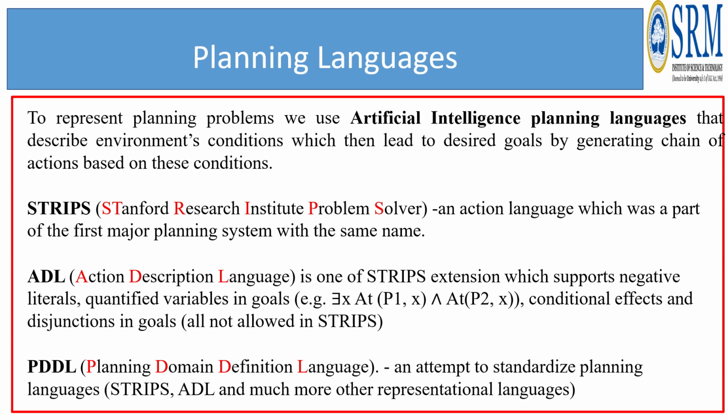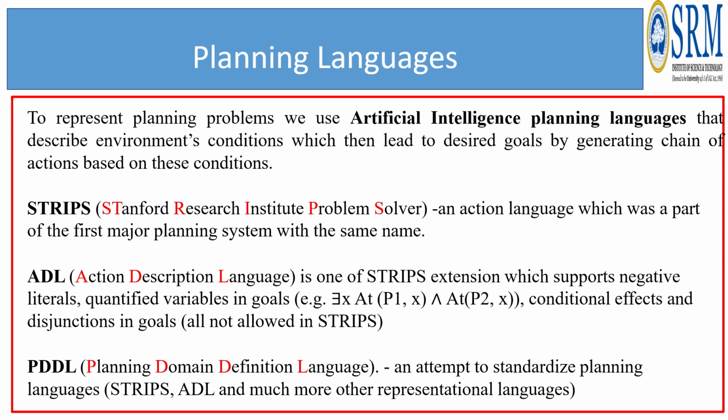ADL is also an Action Description Language. It is an extension of STRIPS that supports negative literals, quantified variables, and goals that we use in predicate logic with the symbols there exists and for all. We can use conditional effects and disjunction in goals, but these are not allowed in STRIPS.